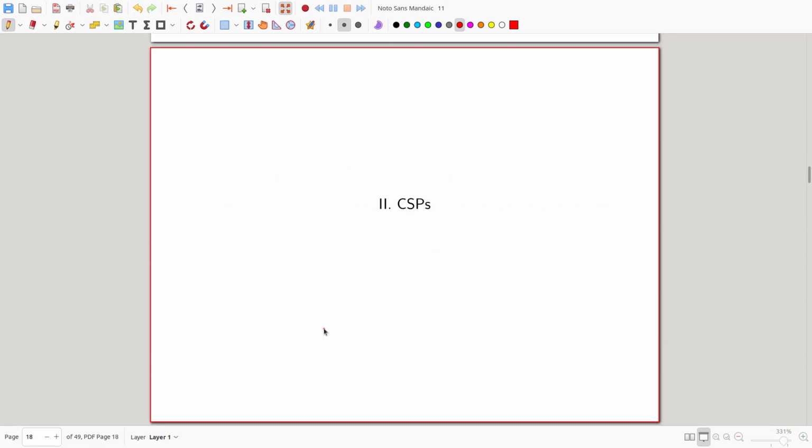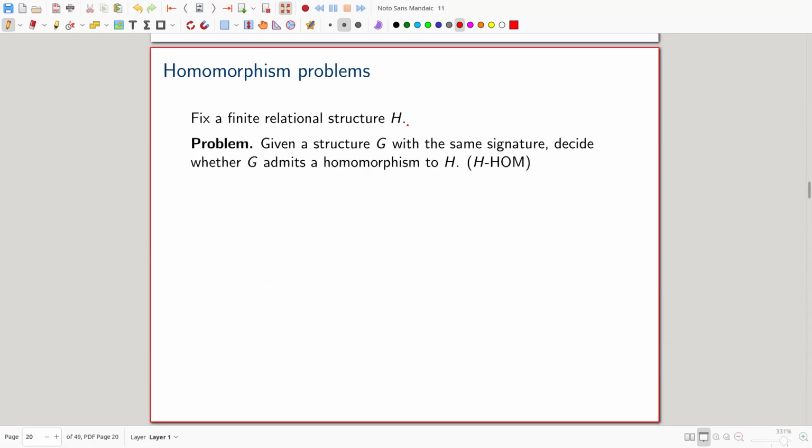Okay, so I continue with the CSPs. The situation there is the following: we have a finite relational structure H, and now everything is finite. We have another finite structure G, and we ask whether G admits a homomorphism to H. The classical example is graph n-coloring, because having an n-coloring is just a homomorphism to a complete graph on n vertices.